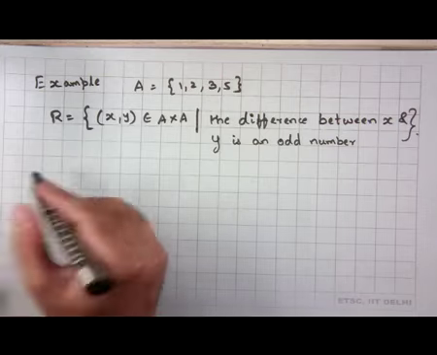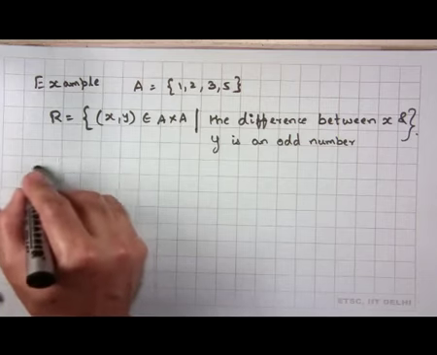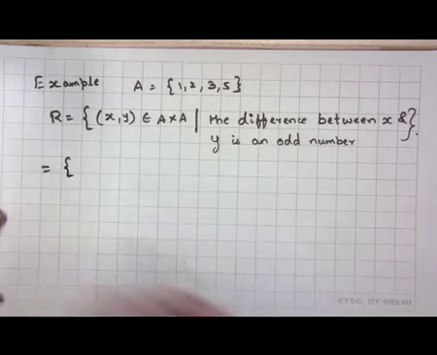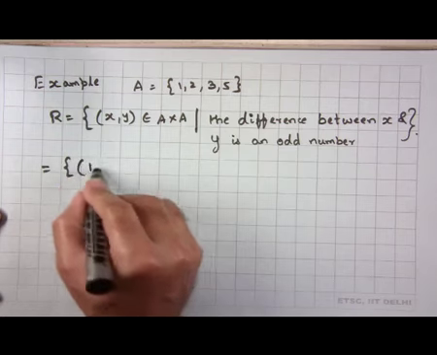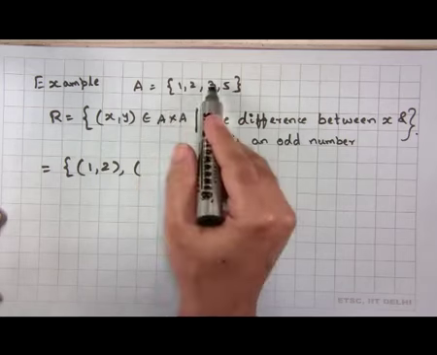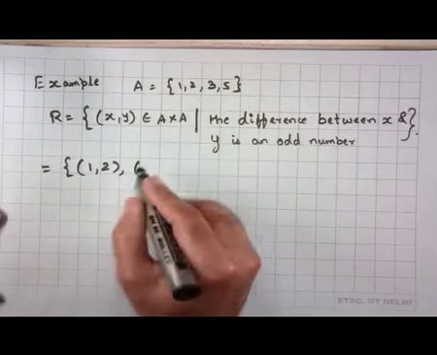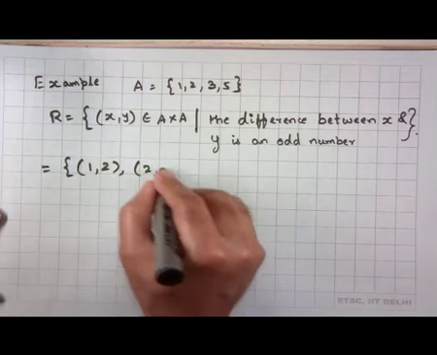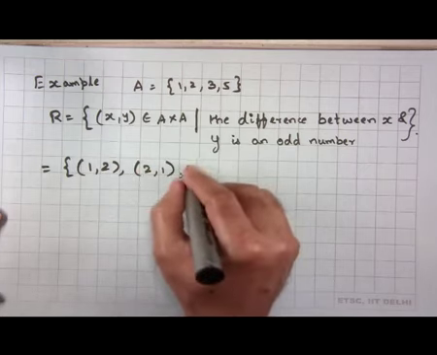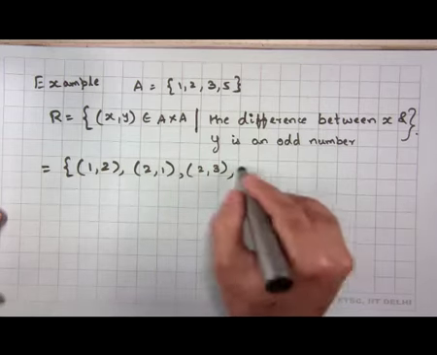Right. Now, let us write down R explicitly once again. So, you will have this (1, 2). (1, 3), the difference is 2, therefore, cannot be, and similarly (1, 5). (2, 1), the difference is 1, (2, 3), the difference is 1, (2, 5), the difference is 3.